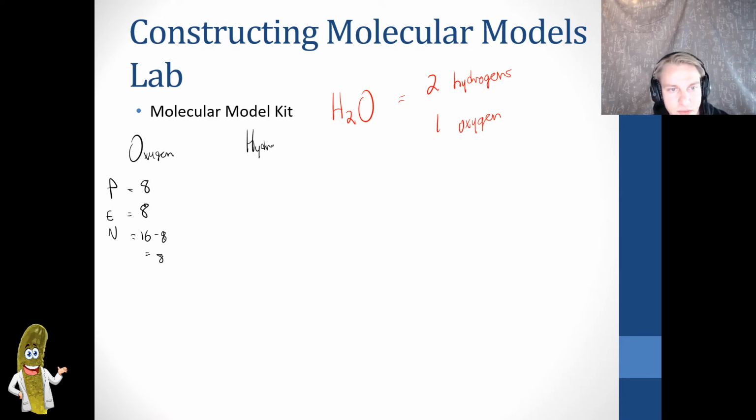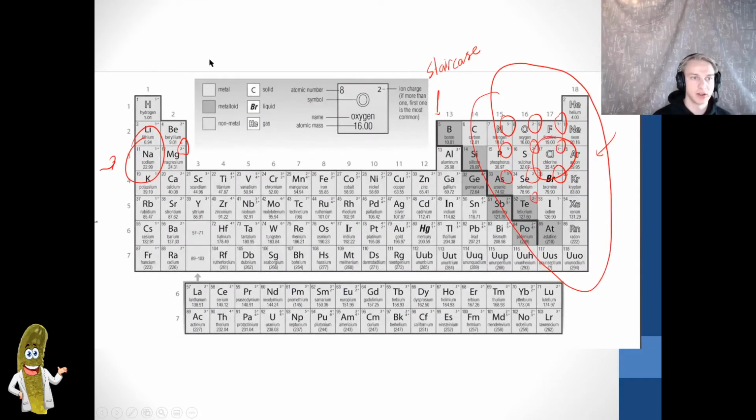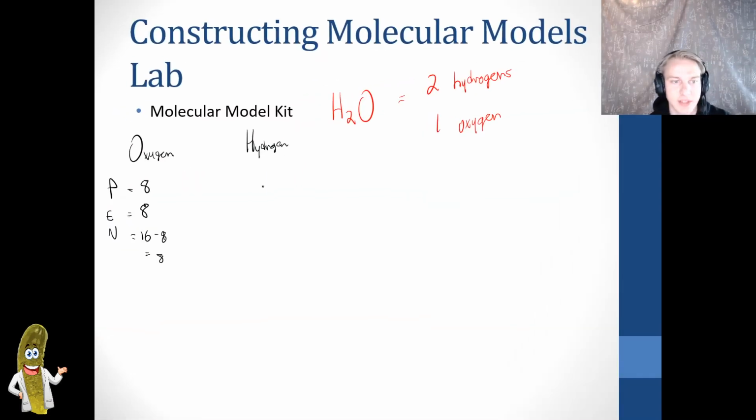Hydrogen, if we go back to it, has an atomic number of 1 and also an atomic mass of 1. And so when we do our PEN, P-E-N, we say that this has 1 proton, 1 electron, and then 1 minus 1 is equal to 0 neutrons.